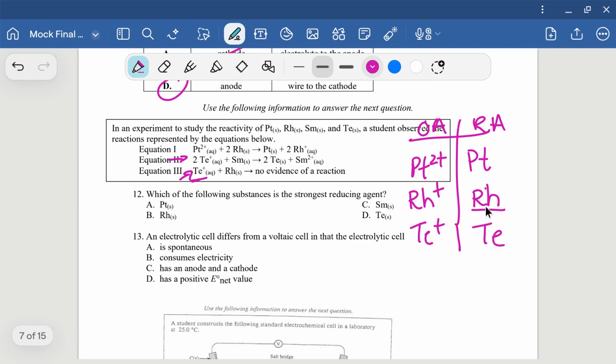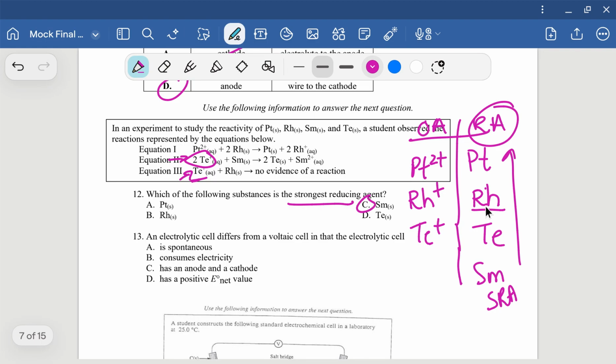And then I can look back at this one now that I have Te placed, and Te would be higher than your Sm because of that spontaneous reaction, and you can see products. So now asking about your strongest reducing agent. Reducing agents are on the right-hand side. Your strongest ones are at the bottom, and as you go up, it gets weaker. So that would be C.